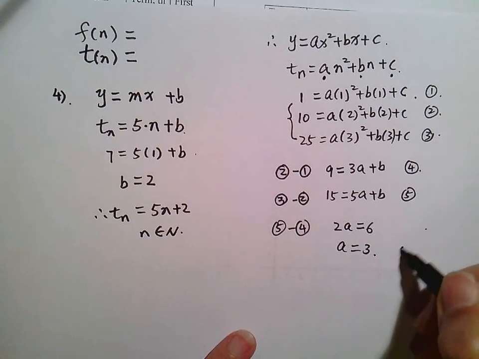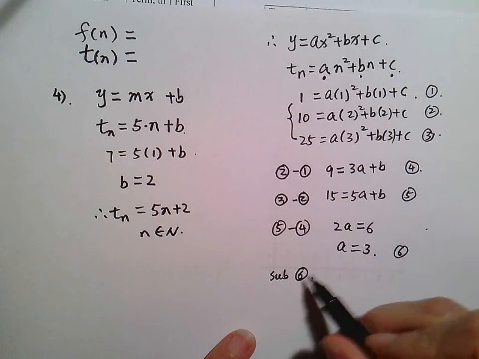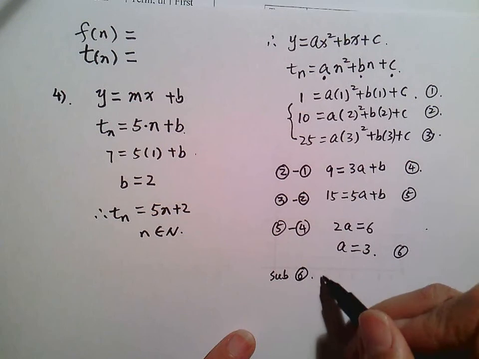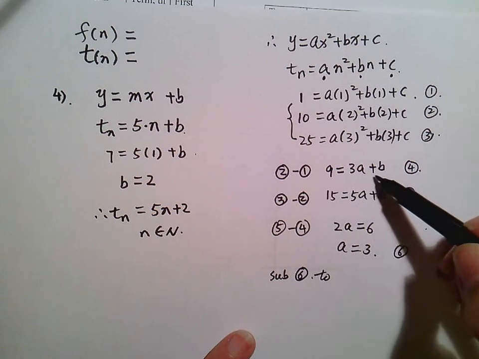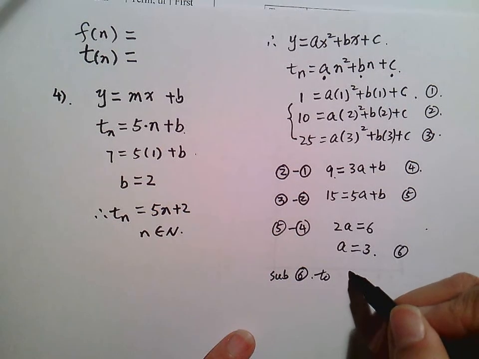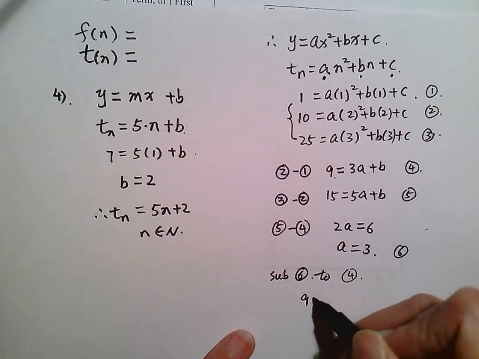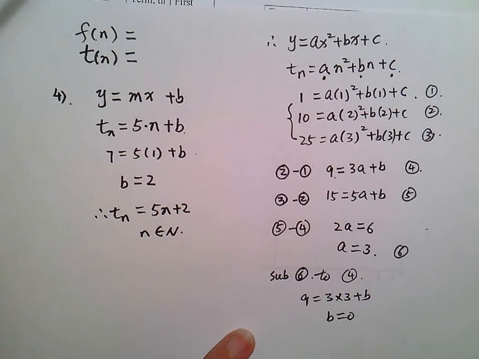I will substitute a equals 3 into one of these two equations. Of course, I'm going to use the simpler equation with the lower coefficients, equation 4. I get 9 equals 3 times 3 plus b. So b equals 0.